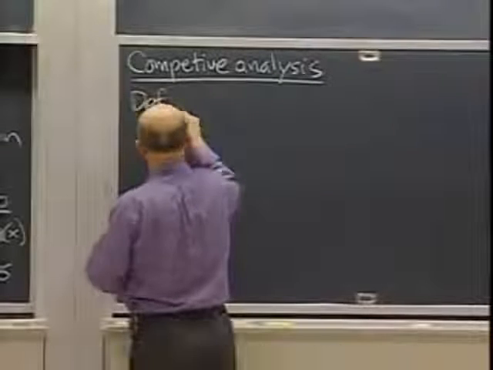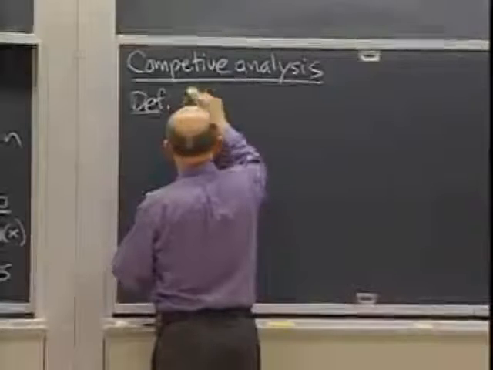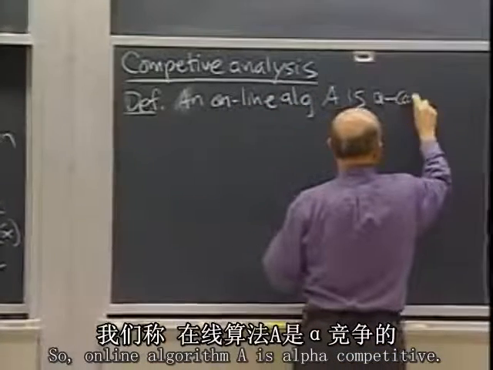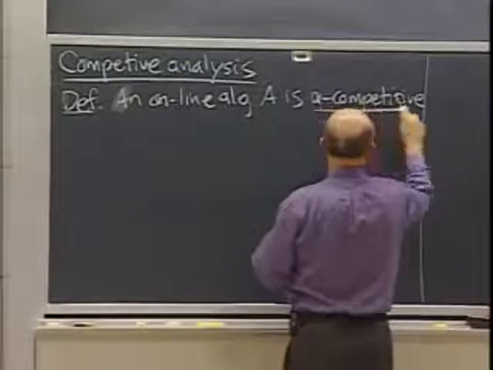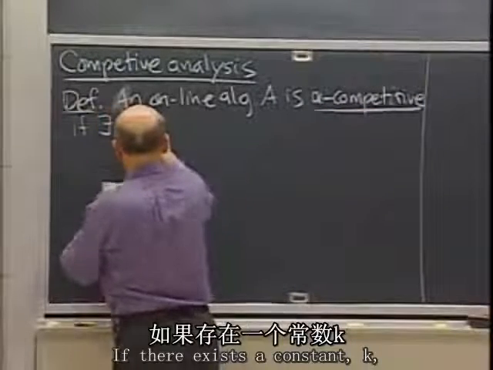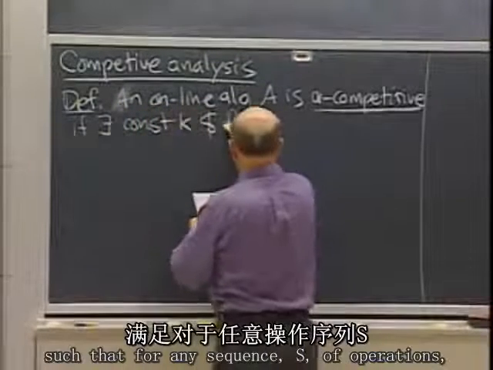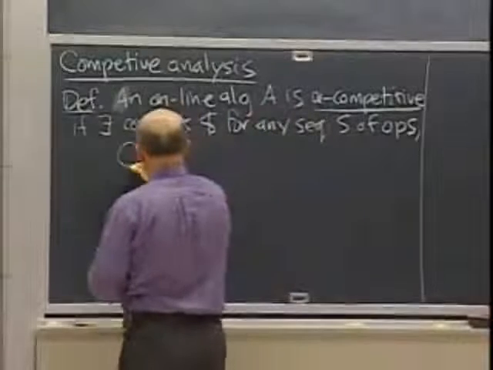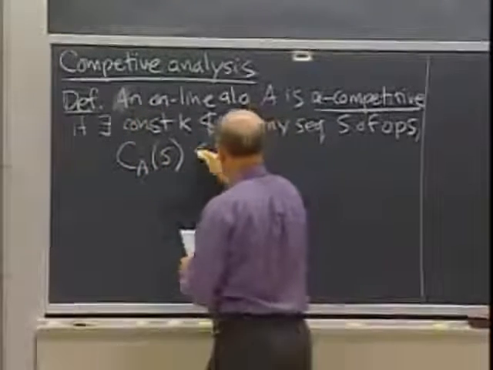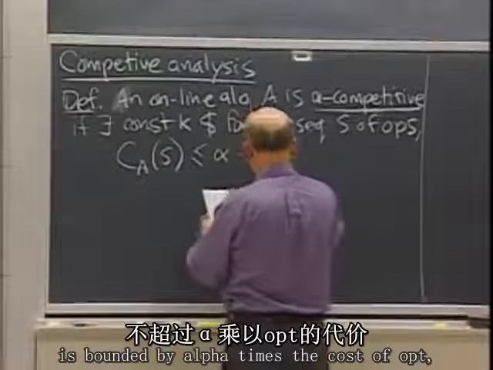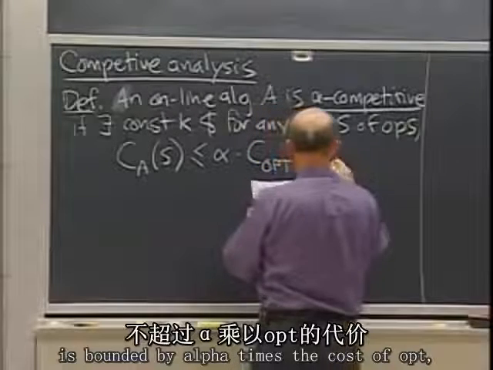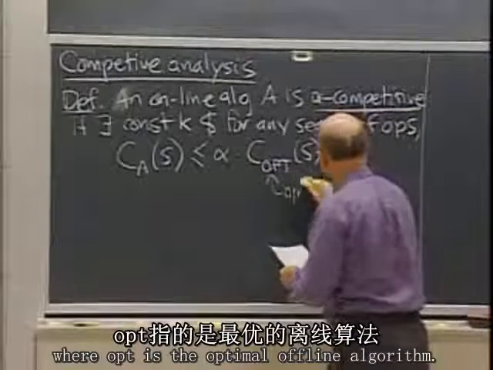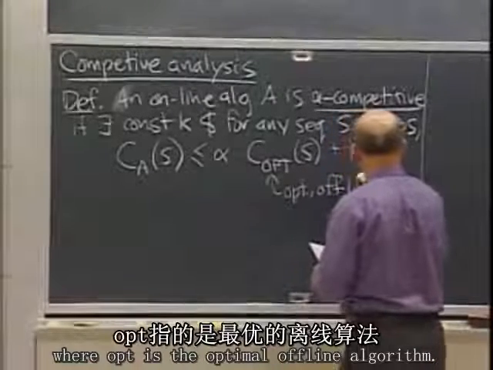Okay, so here's the definition. An online algorithm A is alpha competitive, okay, if there exists a constant k such that for any sequence S of operations, the cost of S using algorithm A is bounded by alpha times the cost of opt, where opt is the optimal offline algorithm.